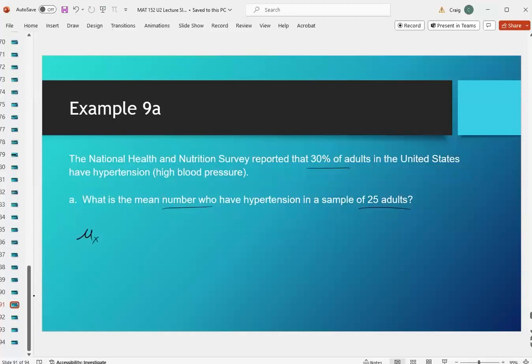Okay, well, the expected value is going to be n times p, with n being 25. Okay, and then the probability is 30%. If we multiply those two, if we randomly choose 25 people, we expect 30% of them to have hypertension, so that'd be about 7.5.